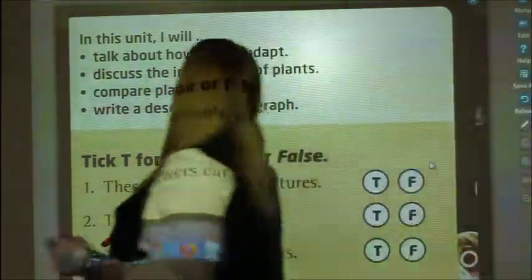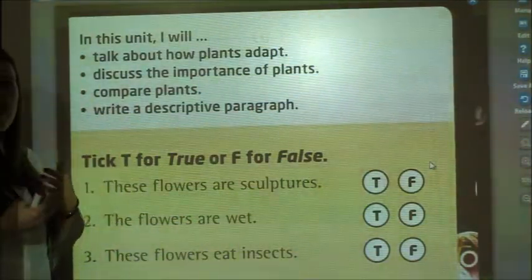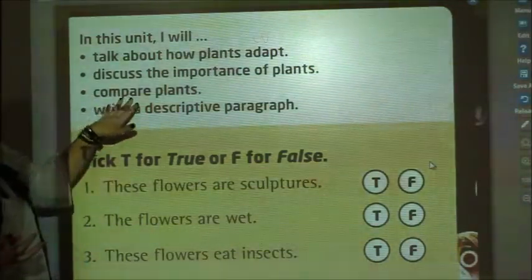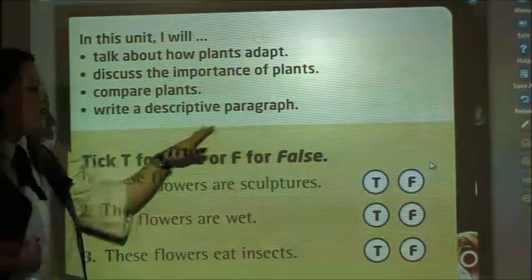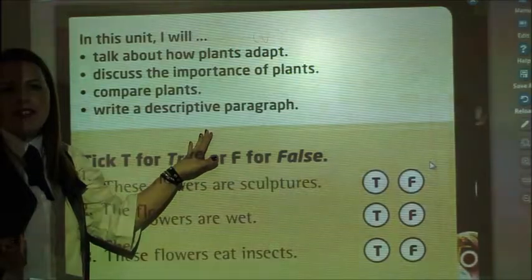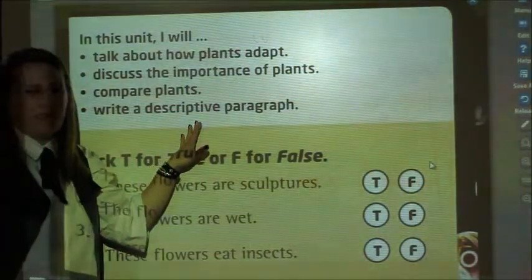And discuss the importance of plants. Discuss means to argue, but not by shouting, by speaking. And comparing the plants, and write a descriptive paragraph. This part will be done when you're back here. We will do this part, I hope, very soon.